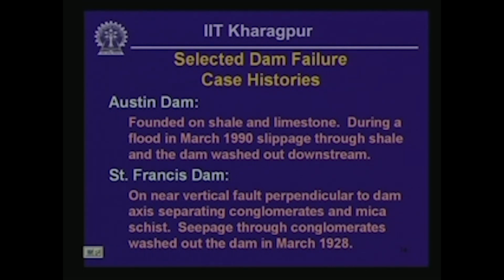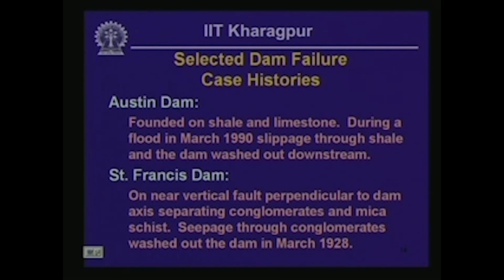So, this rock mass was prone to seepage, and the seepage through conglomerates washed out a portion of the dam in March 1928, and this led to the failure of this dam.